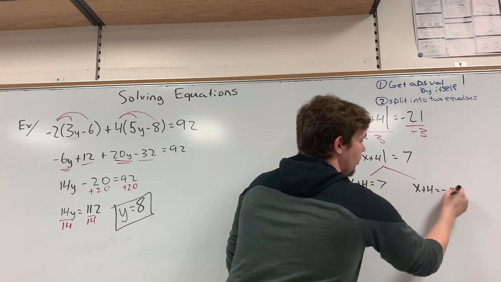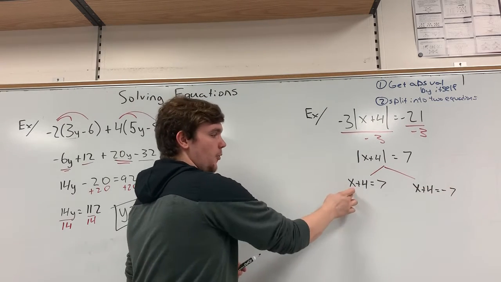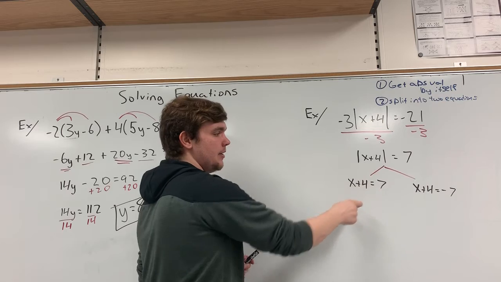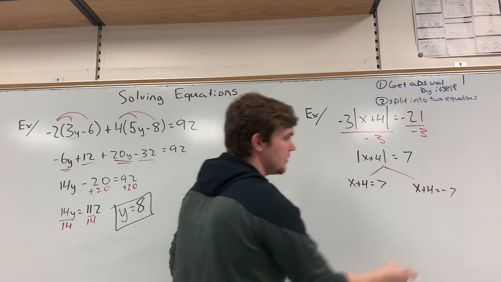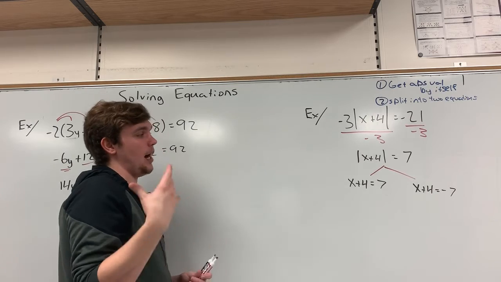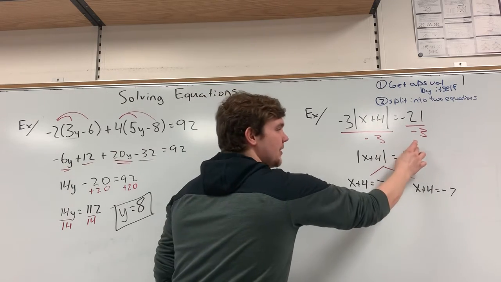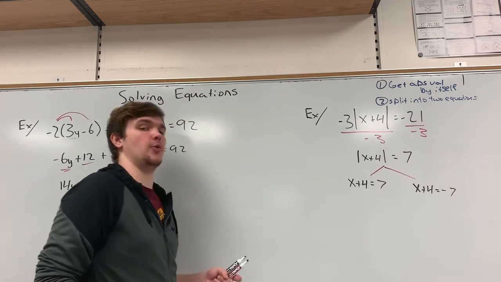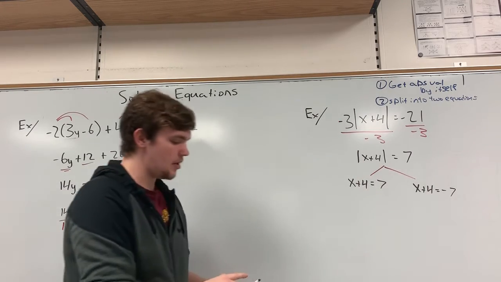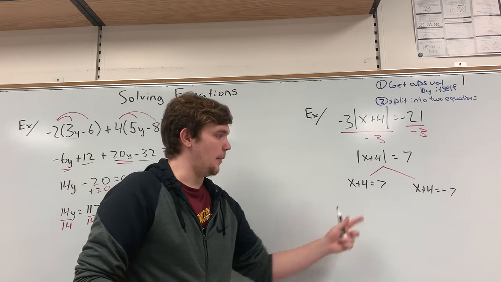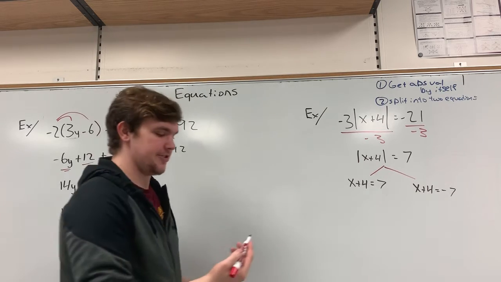So I have one equation that's x plus 4 equals +7, and then my other equation is x plus 4 equals -7. Okay, so I'm going to make everything over on this side negative for my other equation. So I really split this one equation up into two, but now these are relatively simpler equations to solve.